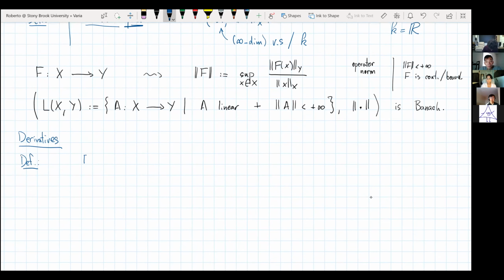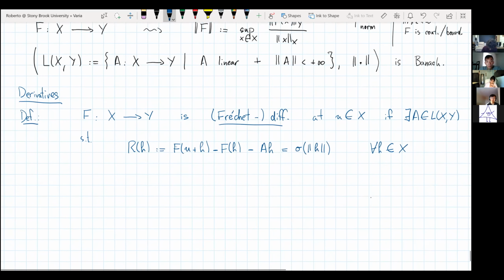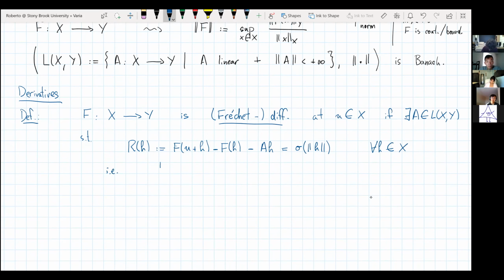So we say that f from X to Y is Fréchet differentiable, or just differentiable, at a point u in X if we have a linear operator A from X to Y such that the residue, which is this function, the increment of f from u minus the increment of A from u, is a small o of the norm of h for every h in X. I'm going to say what that means: that the Y norm of this residue over the X norm of h goes to 0 as the X norm of h goes to 0.